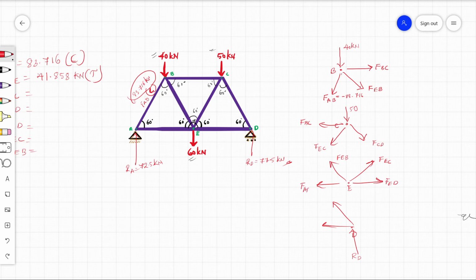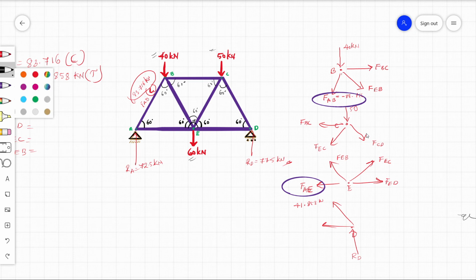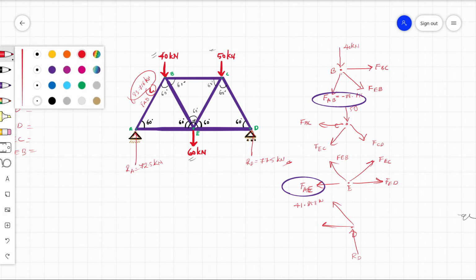Because there is a reason why I am telling you. We know the value of FAE, which is 41.858 kilonewton. I'll tell you why we are solving in this manner. We need to see which one is most easily soluble first.